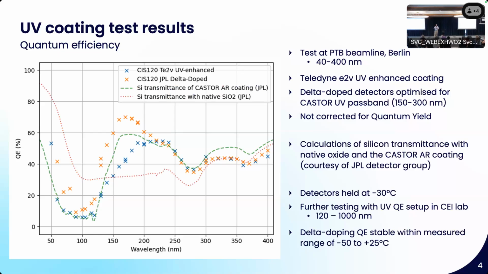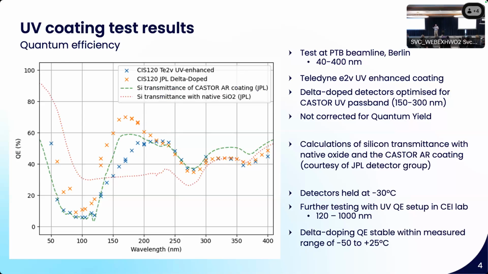But it's much lower than other studies have shown. So JPL and CI are doing a lot of work on understanding the quantum yield, because that's important: if you detect X number of photoelectrons, how many photons are actually coming.